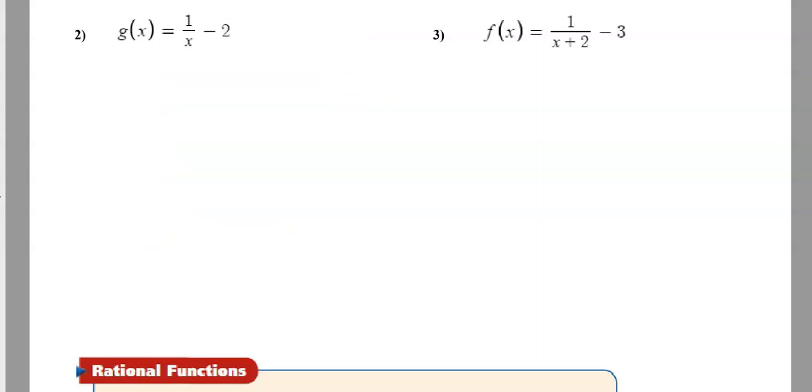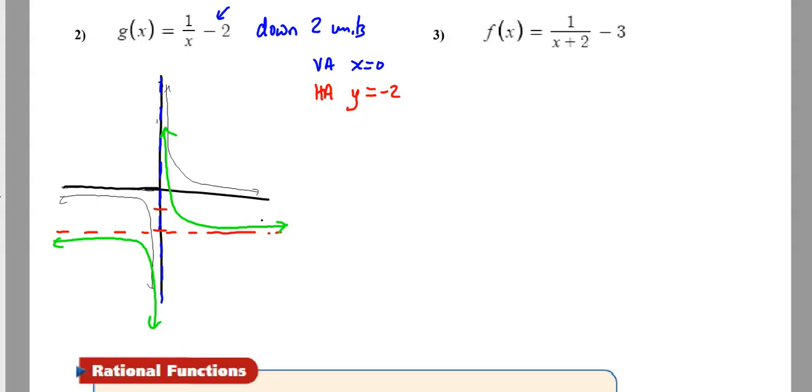All right. Let's go over here to the next one. I guess I can leave that up there. Well, this is a combo. This has 2 things going on. So when I describe the transformation, that +2, I would think that's going to move it to the right, but it's actually going to move it left 2 units. And then this is going to move it down 3 units.